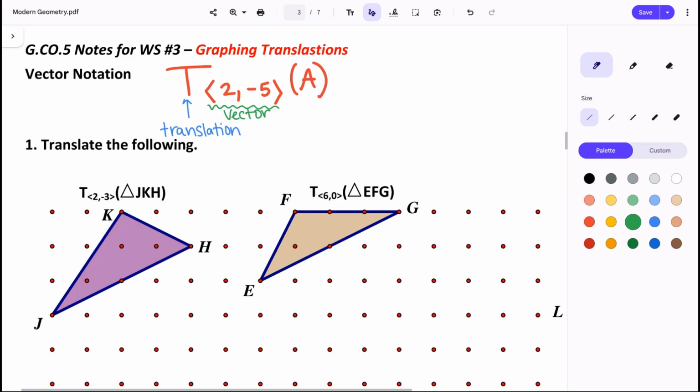And the A at the end is what's being translated. So it still has some of the same elements that our other notation had, but let's talk about that vector a little bit more. Vectors are describing how it's being moved.